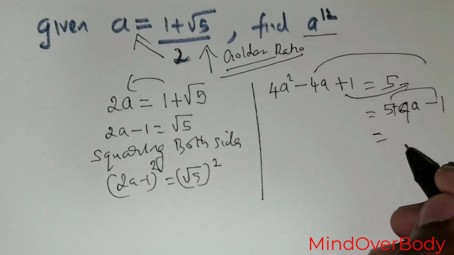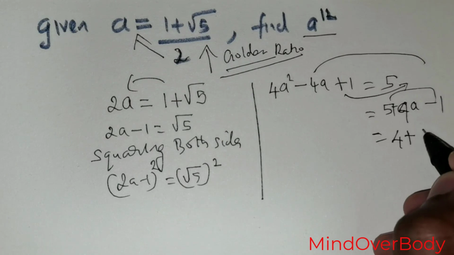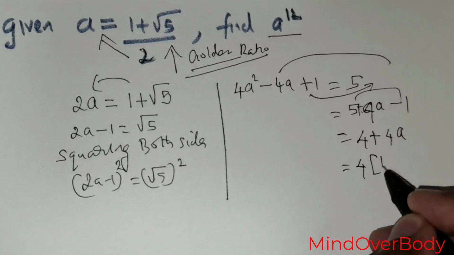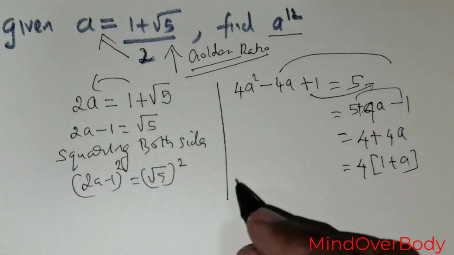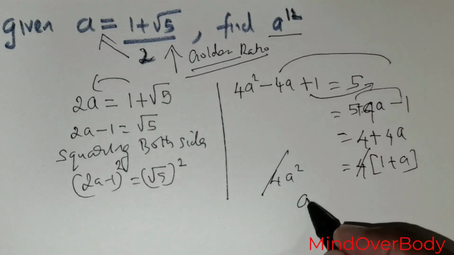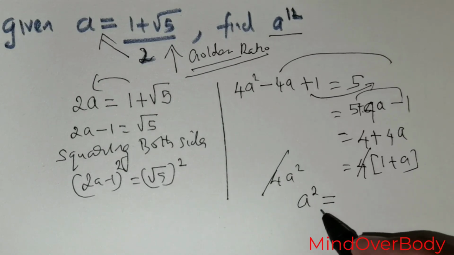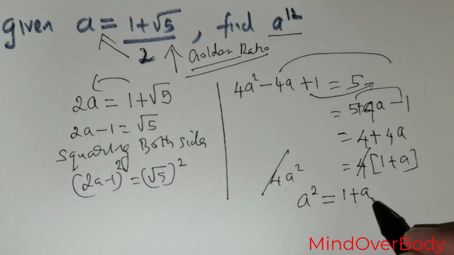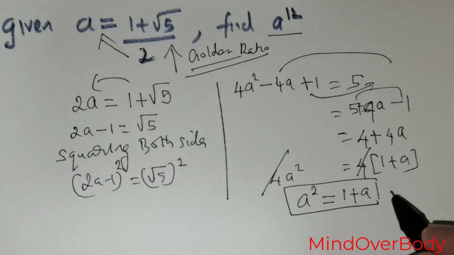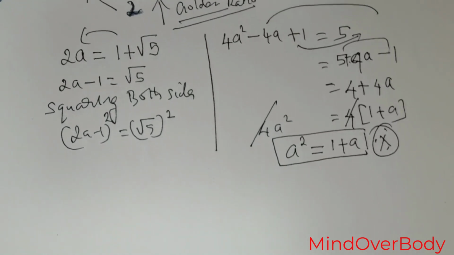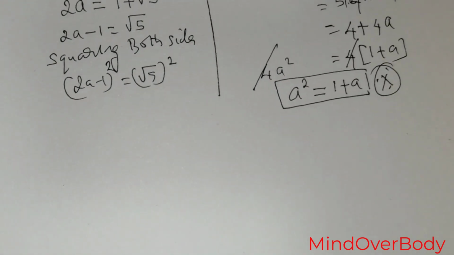So 5 added with -1 would give me 4. There's already a 4a there. So now I would take this 4 out and rewrite this as 1 + a. Of course, on the left hand side I got a 4a². Clearly the 4 and the 4 can be cancelled. So now I have a relation connecting a² with 1 + a. So this is the most important equation that we will be using to solve our question.